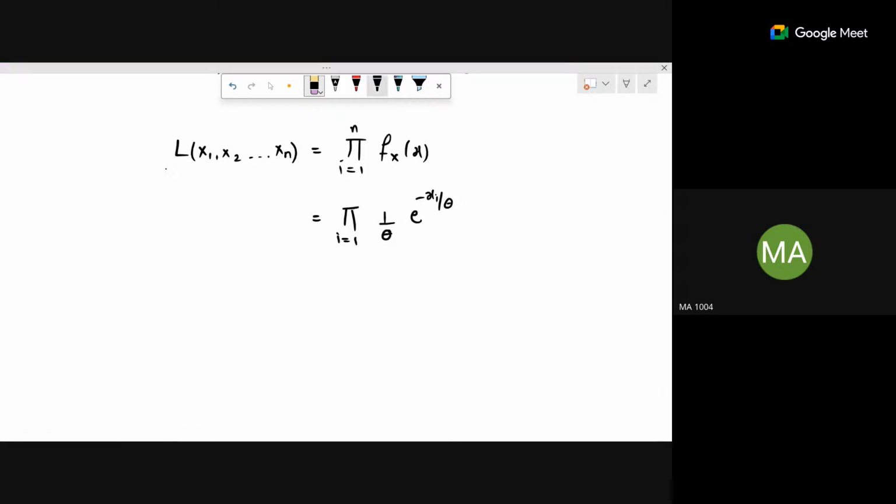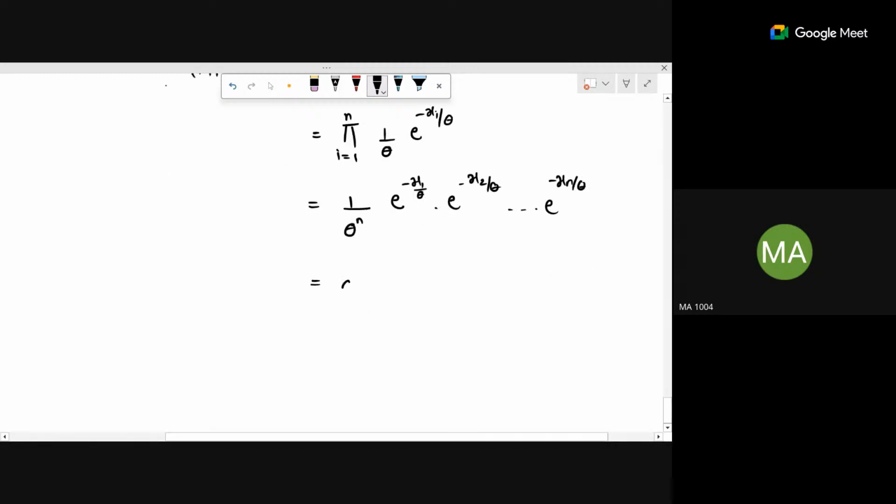If we apply the product to the exponential function, it gets converted into a summation: e to the power minus x1 by theta, times e to the power minus x2 by theta, and so on. That is nothing but theta raised to the power minus n, exponential of minus the summation of xi upon theta.